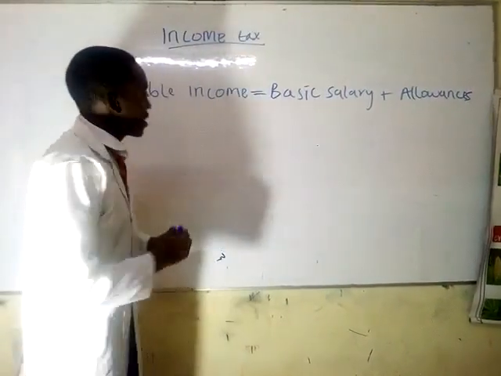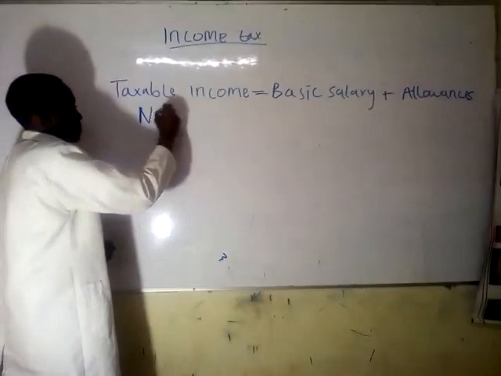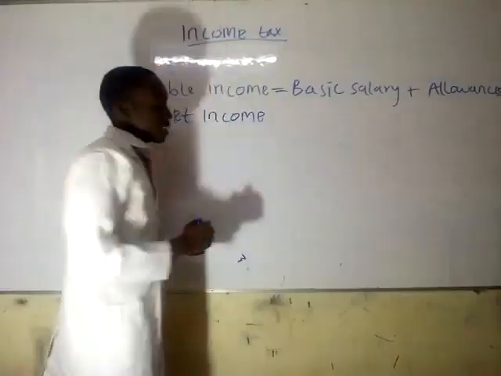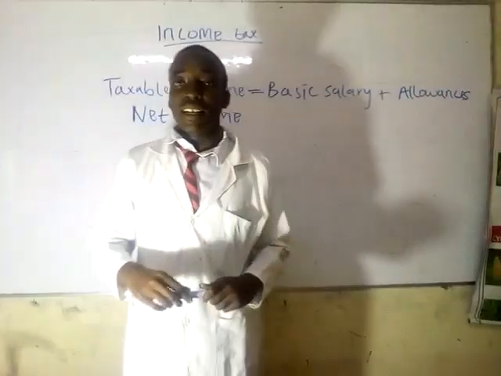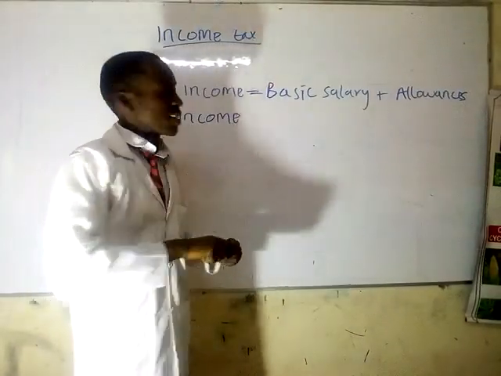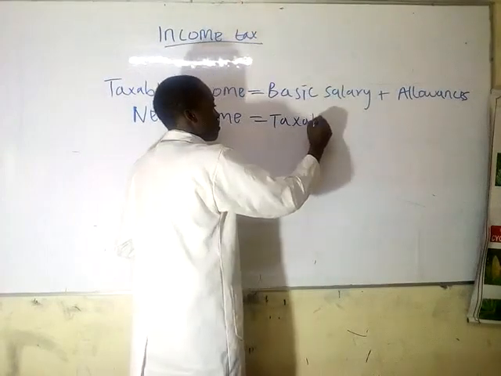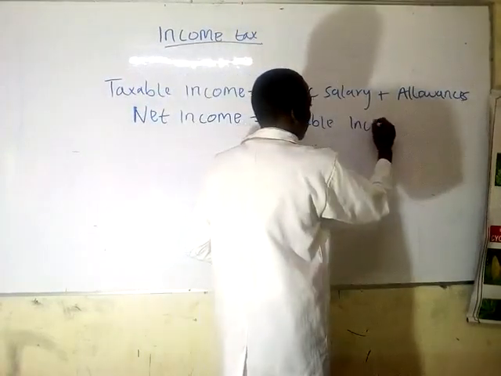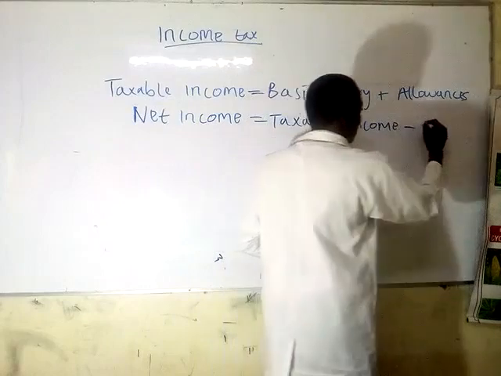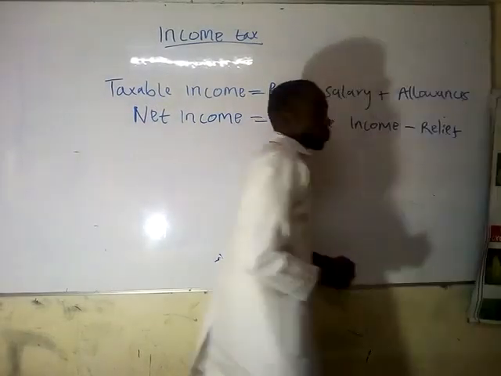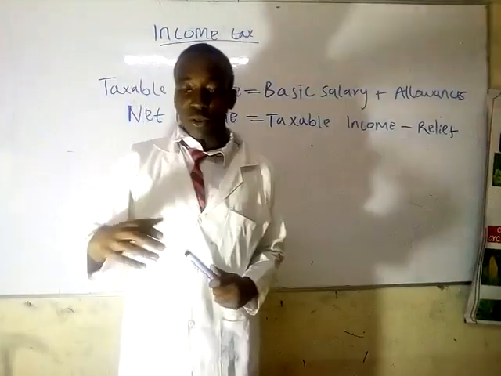We also have net income. This is the money paid after it has been taxed, and it is given by taxable income minus relief. We are going to know more about relief later as we go through.